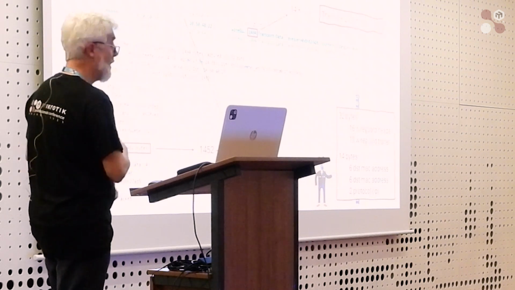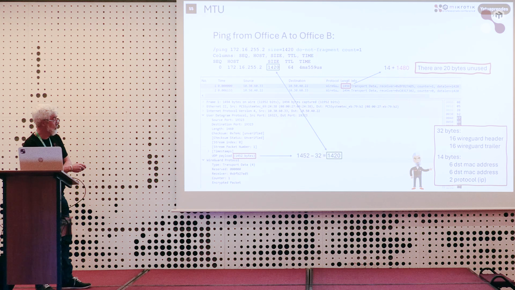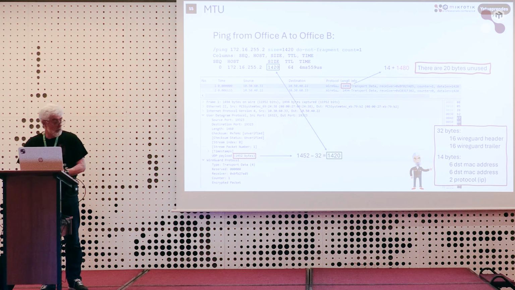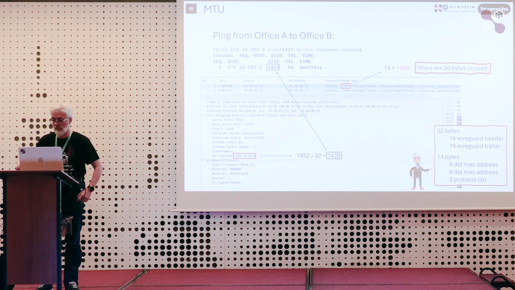We have an MTU of 1420, and if we do a ping from Office A to Office B without fragmentation, we have a total of 1,494 bytes, counting the layer 2 header and FCS, but it's only 1,480 bytes of payload. We are lacking 20 bytes of used data.